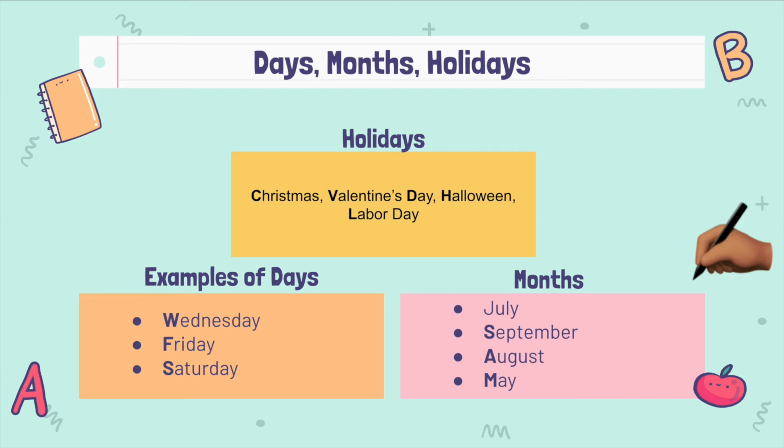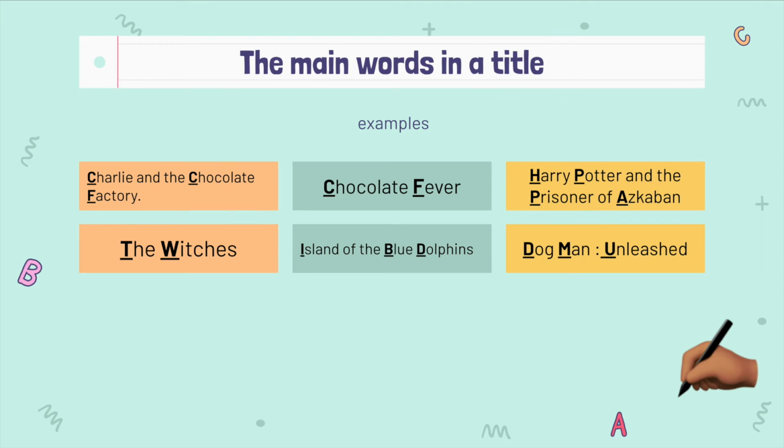Months need to be capitalized as well. The first letter of the word: J for July, S for September, A for August, M for May. Make sure when you're writing down your notes that you distinguish the letters thoroughly, so it's a capitalized letter and not a big lowercase letter. So make sure you write it down.